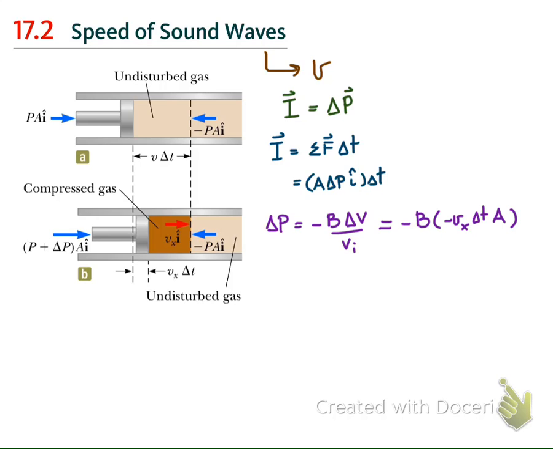And the initial volume of the element is equal to the cross-sectional area times this length, which we define, and we assume the length here equal to V delta t.